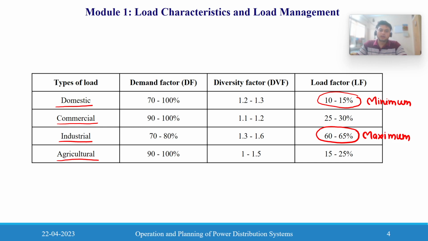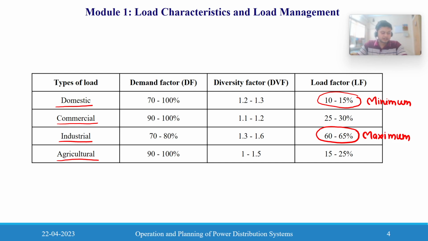Whatever the peak load, that does not necessitate that all loads are running most of the time. That's why we are having minimum load factor for domestic type of load and maximum for industrial type of load, because in industry most of the installed equipment is running throughout.